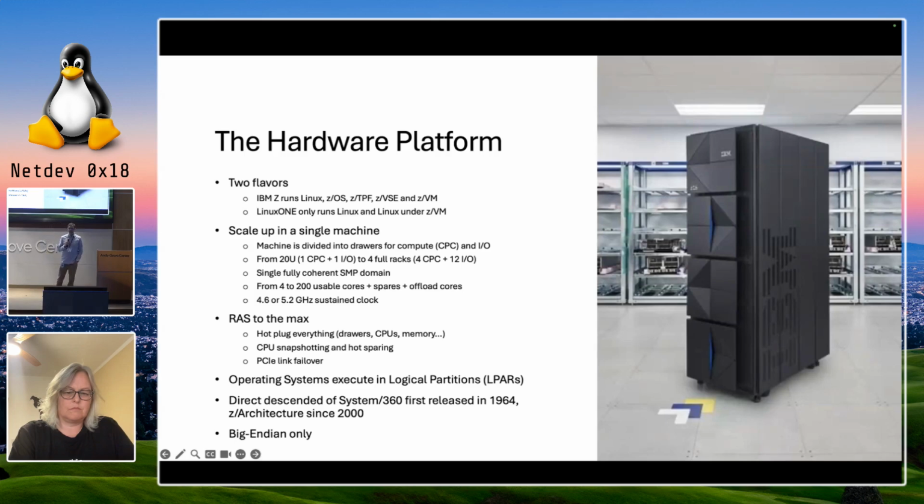These systems are direct descendants of the original System/360, which, and this might be a bold claim, kind of invented the instruction set architecture, as in multiple machines with the same instruction set, released back in 1964. It still has some compatibility to that, and the current generation of the architecture is called z/Architecture, 64-bit now, available since 2000. And these boxes are big endian only.